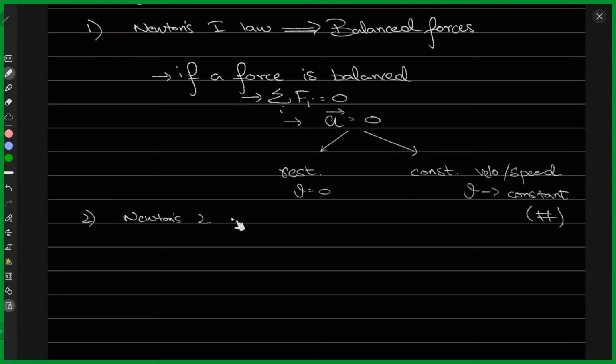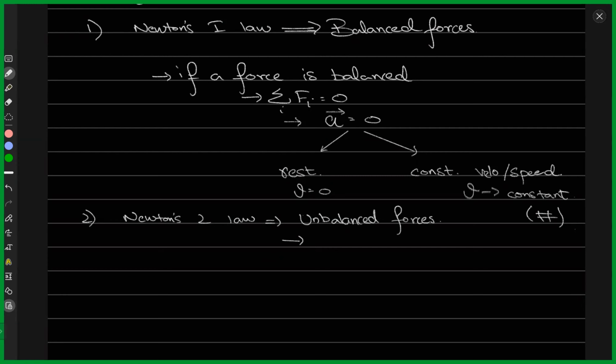Newton's second law. And the second law is more or less telling you about unbalanced forces, right? Because in unbalanced forces, what does that mean? Unbalanced force implies the two forces are not equal.